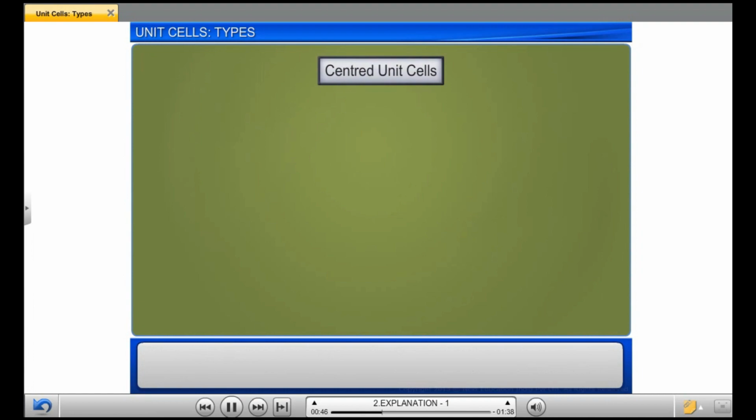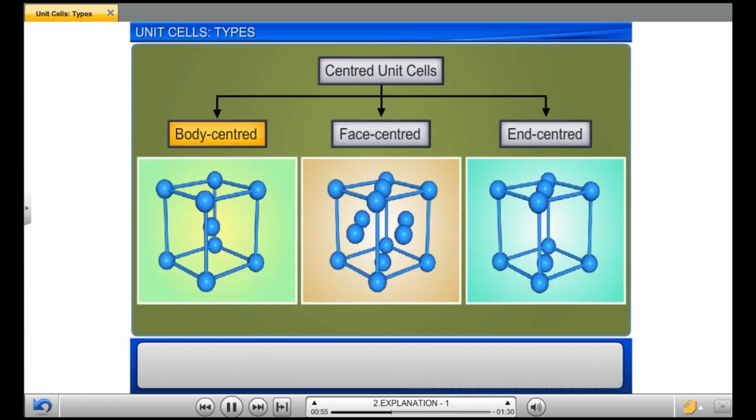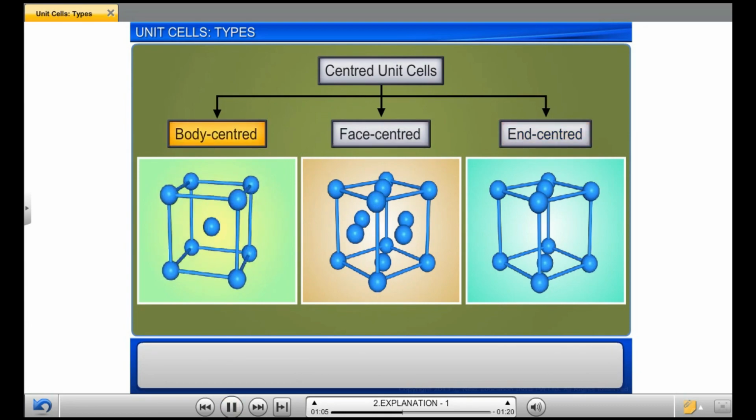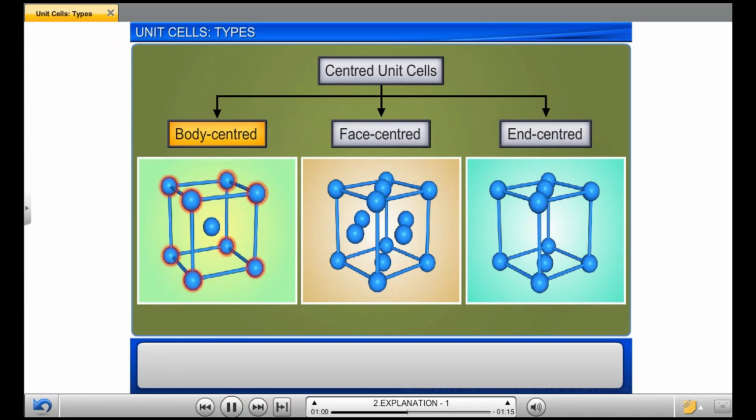Based on the position of the centered constituent particle, centered unit cells are categorized into three types: body-centered unit cell, face-centered unit cell, and end-centered unit cell. A body-centered unit cell has constituent particles at all its corners, as well as one particle at its body center, as shown here.